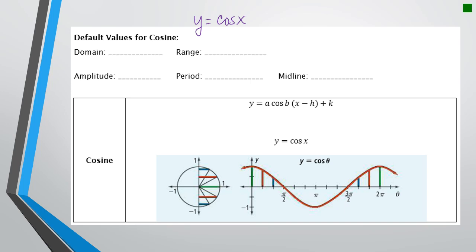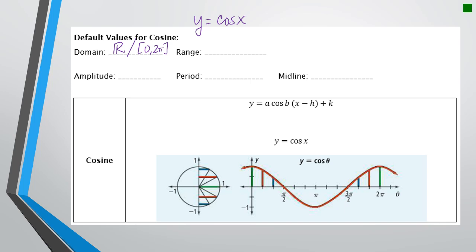When we talk about default values, we're talking about our parent function, which is y equals cosine x. The domain is all real numbers, because if we kept going left and right, it would go on forever and ever. When we talk about domain, we're more specifically talking about just one cycle of the graph. A lot of times we say that our domain is from 0 to 2 pi, but either one of those would be acceptable.